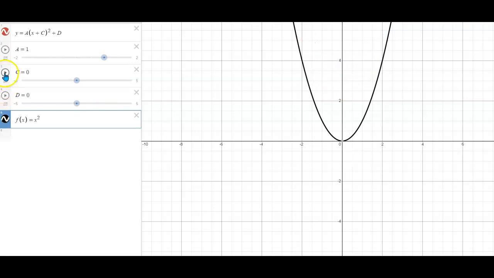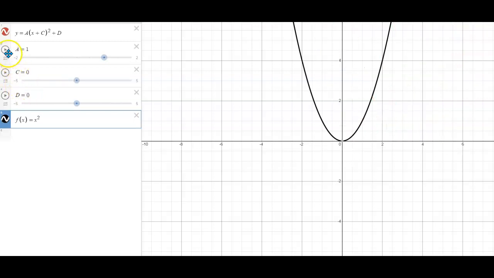So for c, if I am adding or subtracting something in here, this is x plus 4, notice it is this graph shifted left 4 units. Let the animation play out a little bit. This is x minus 3 squared here, and that has shifted this base graph to the right 3 units.